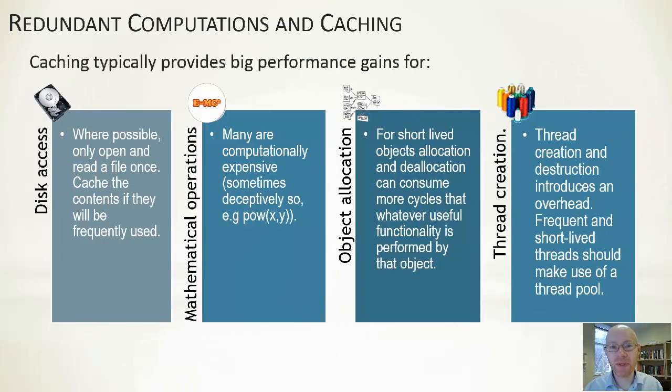Some other examples of caching where it can be very useful. Over on the left-hand side we have the notion of disk access. Even with solid state disks, getting data from them is very slow compared to the speed at which a CPU works. So you will potentially lose many cycles if you're waiting for data to come in from a solid state drive, or across a network or some type of connection.